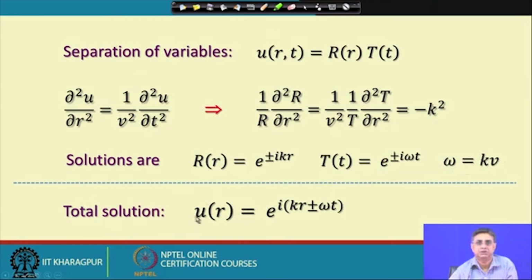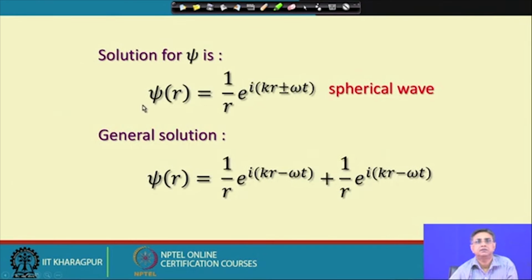So, the total solution takes the form of u of r equal to e to the power of i k r plus minus omega t. But we started with psi.